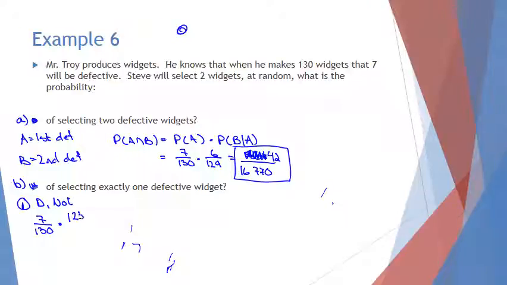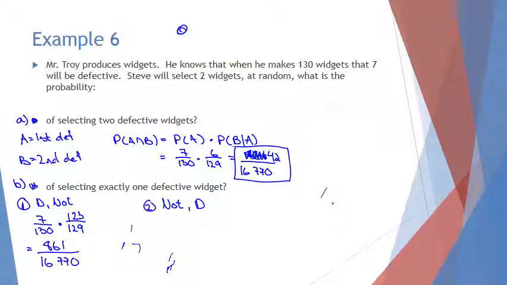So 123 out of, and I already removed 1 widget, so that would only be 129. And you can see here now, this is 861 over 16,770.